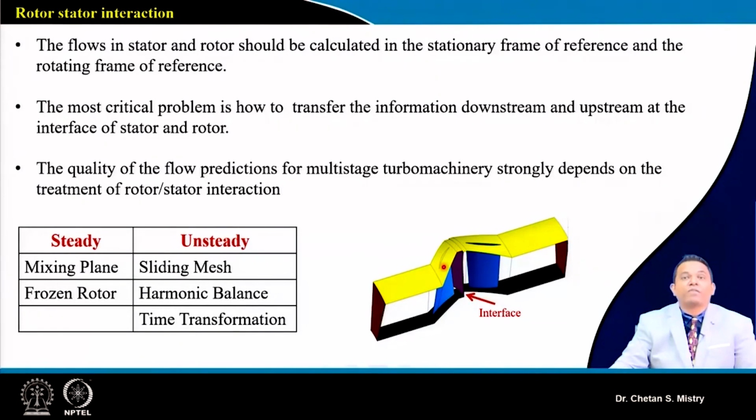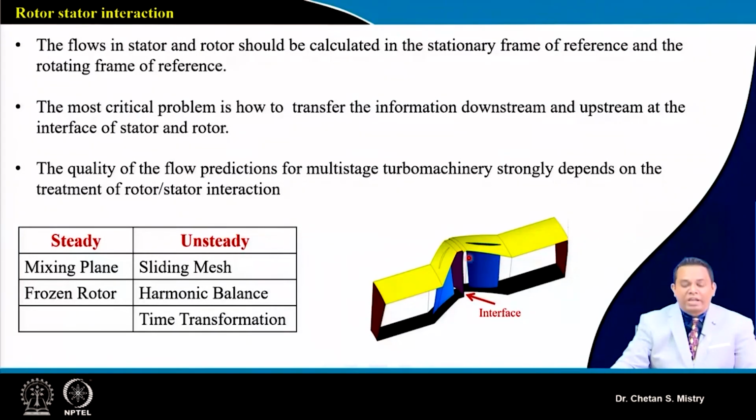Whatever is happening in terms of flow domain for the rotor, that data needs to be transferred to the stator domain. We know we cannot make a single domain in which we put the rotor as well as the stator, because this one is working under a rotating configuration and this one under a stationary configuration. That is a very challenging aspect of analysis for those dealing with CFD analysis of turbomachinery stage configuration. This is very challenging.